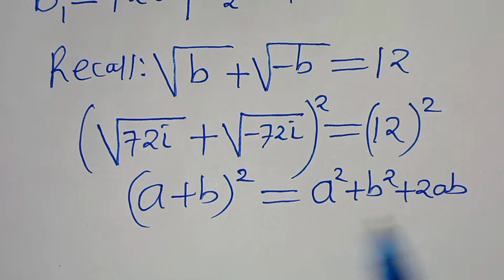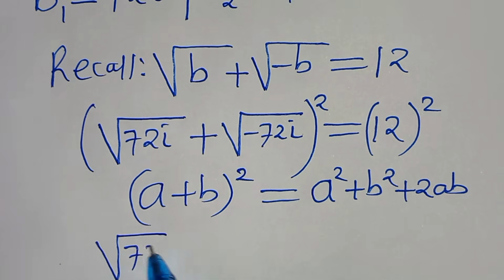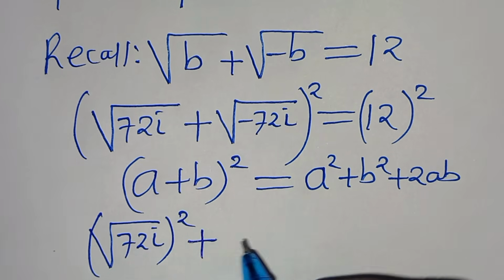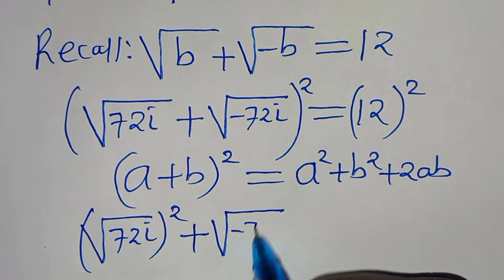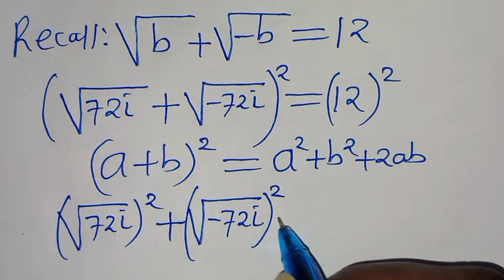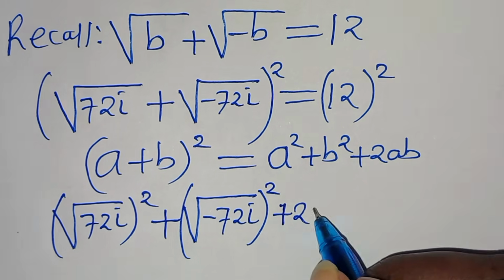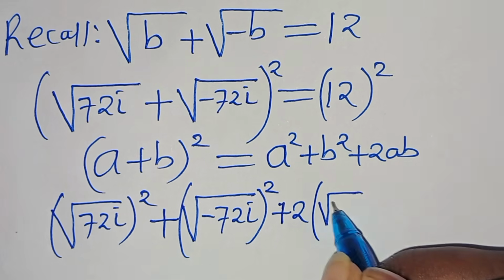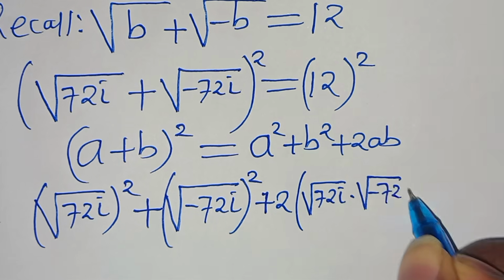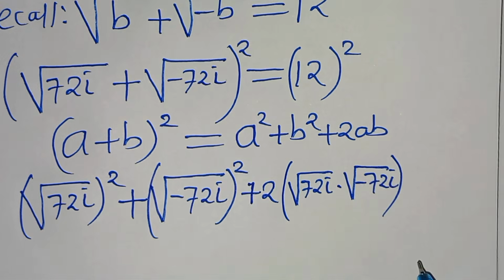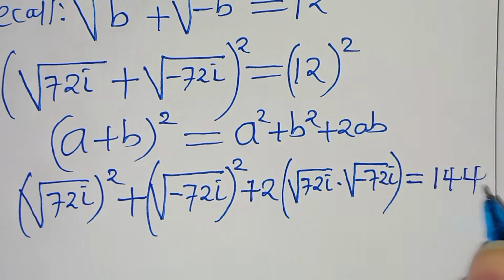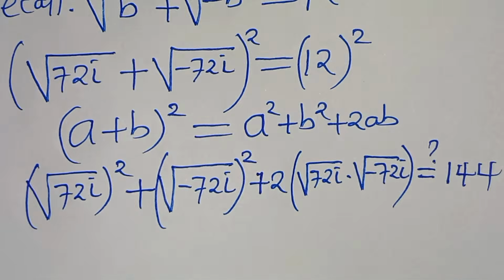Applying this identity, we have the square root of 72i raised to the power of 2, plus the square root of minus 72i raised to the power of 2, then plus 2 times the square root of 72i multiplied by the square root of minus 72i. This is equal to 12 squared, which is 144.